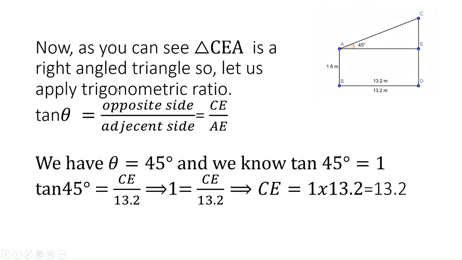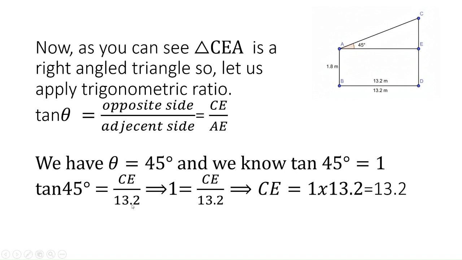Tan theta is equal to opposite side by adjacent side, so the opposite side to 45 degrees is nothing but CE, and the adjacent side is nothing but AE. What we know is theta is 45 degrees and tan 45 is equal to 1. So tan 45 is equal to CE by AE.